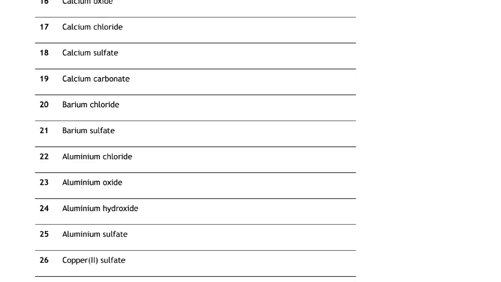Alright, calcium sulfate. I'm just taking more space, writing it next to calcium chloride. Okay, calcium is 2 plus because it's in group 2. Sulfate, I have no idea. But it comes from H2SO4. H2 means 2 plus, right? So this has to be 2 minus.